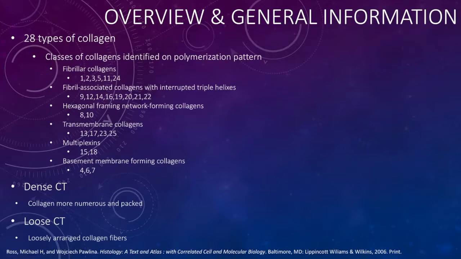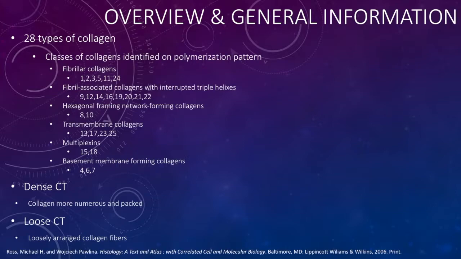These various collagens were classified with Roman numerals from 1 to 28 based on the chronological order of their discovery. I have listed which ones belong to which group, but regardless of what type of collagen it is, they play a big role in the integrity of both dense and connective tissues found in the body.